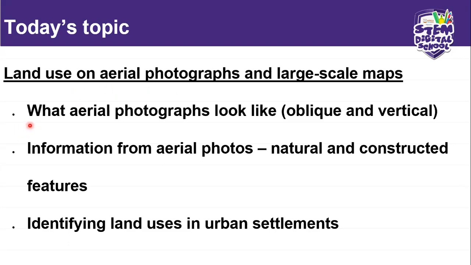And then we're going to look at the following subtopics. Number 1, what are aerial photographs and what do they look like? We've got oblique and vertical. Number 2, information from aerial photos, natural and constructed features.